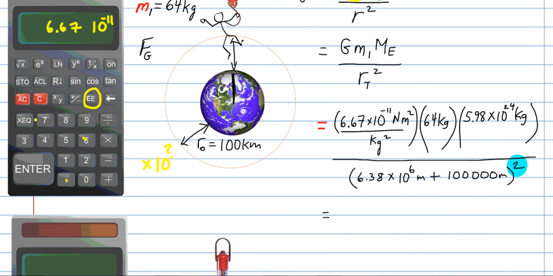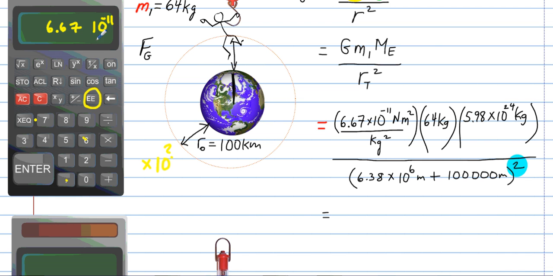I now hit the multiplication sign, and once again I enter times 64, and I enter this number, 5.98 times 10 to the 24 kilograms, in a similar manner, 5.98 EE, and I will then be given an option to enter an exponent. Again, your calculator may be somewhat different.